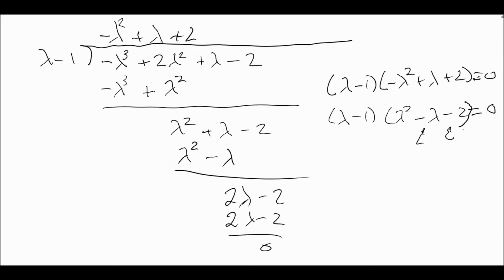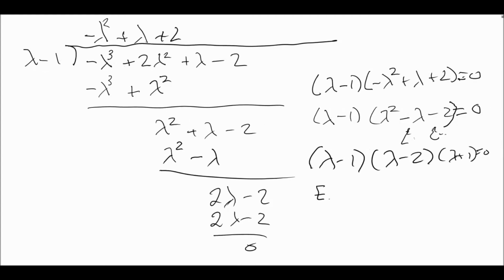Minus 2 and plus 1. So lambda minus 1, lambda minus 2, lambda plus 1, and all that's equal to 0. So our roots, the eigenvalues, are minus 1, 1, and 2.